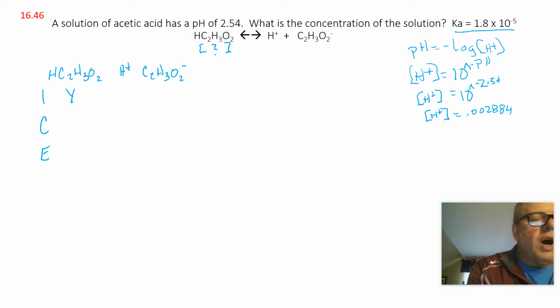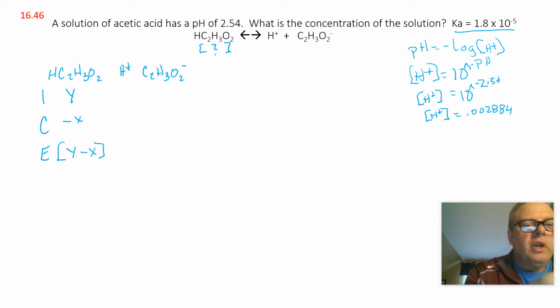I'm going to call this Y. And the reason I'm just picking another letter out of the alphabet, because this is going to be Y minus X. So at concentration here, it's going to be Y minus X. Here, the hydrogen initially is 0 and it is plus X. So this is going to be an X, and so is the acetate.